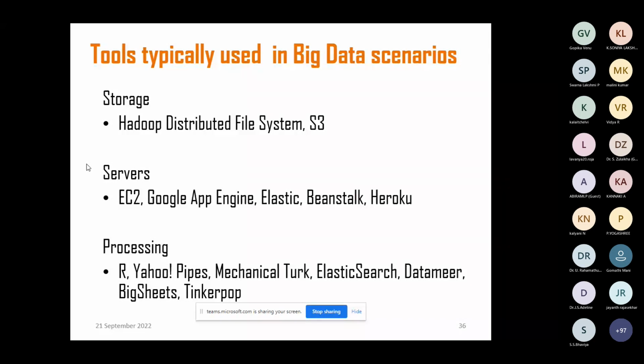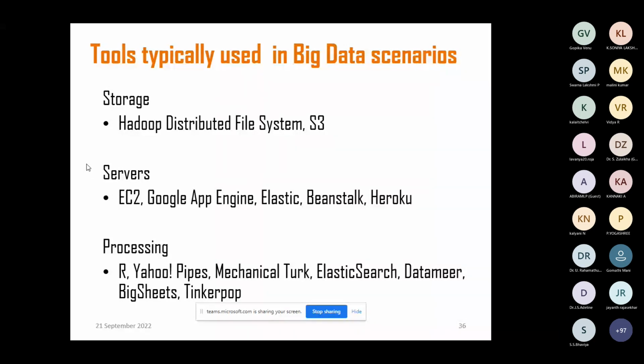The S3 model is being used for storing the data on the cloud platform, and to process that data, they use Elastic Compute Cloud, Google App Engine, or Elastic Beanstalk. So these are widely used servers in the big data platform, especially when you work with a cloud environment.